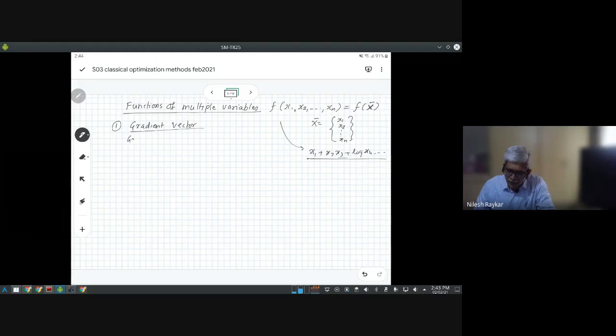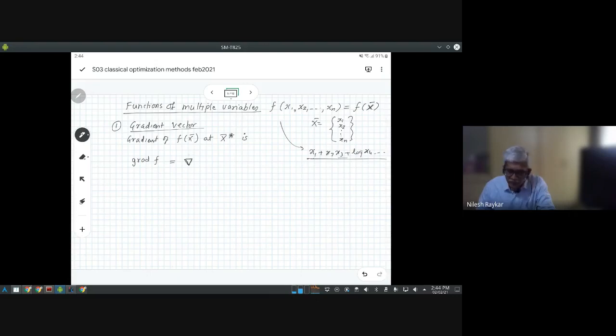So the gradient of f of x bar at a particular point x star, that means a specific value of x1, a specific value of x2, and so on, is pronounced as grad of f, and symbolically it is written with the del symbol or grad symbol.